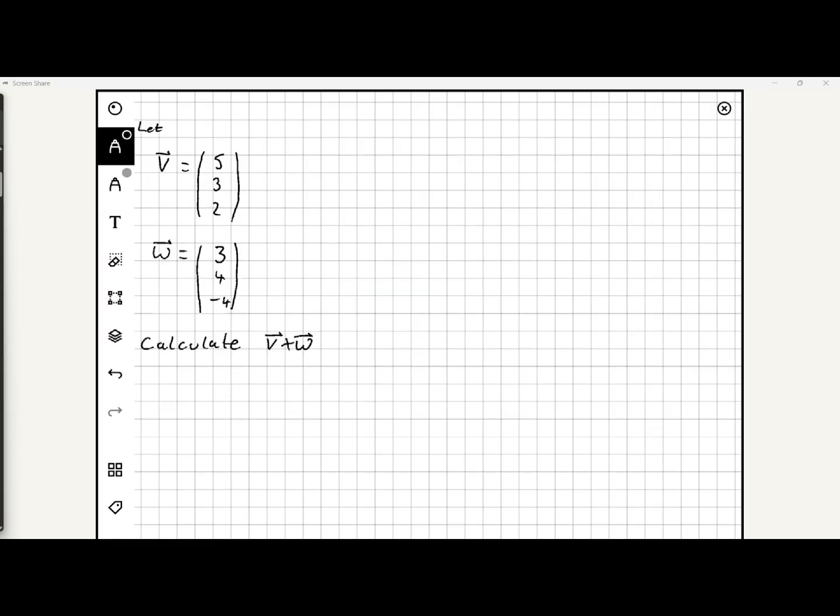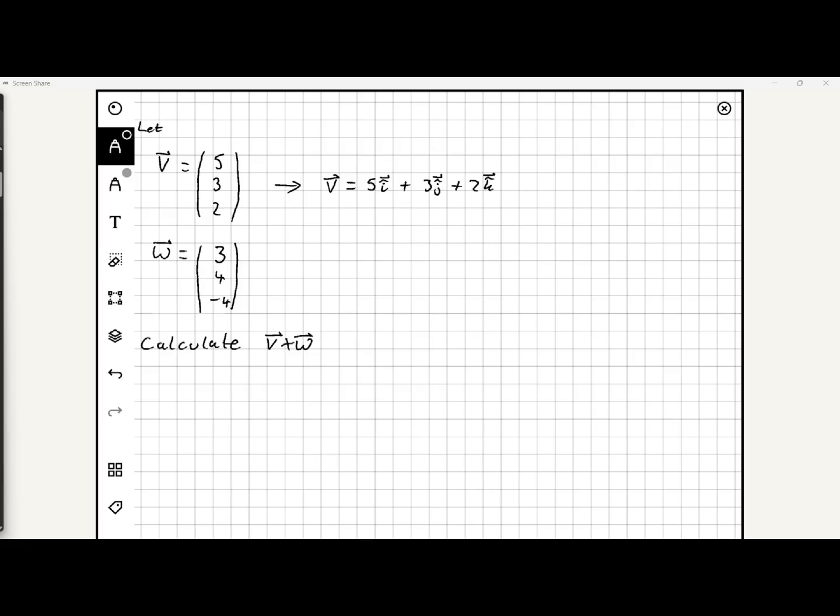Okay, now we have a question on the cross product. It says let V equal the vector 5, 3, 2 and W equal the vector 3, 4 and -4. Then calculate V cross W. Now, these vectors are a different way of writing, let's say, V equals 5i plus 3j plus 2k.